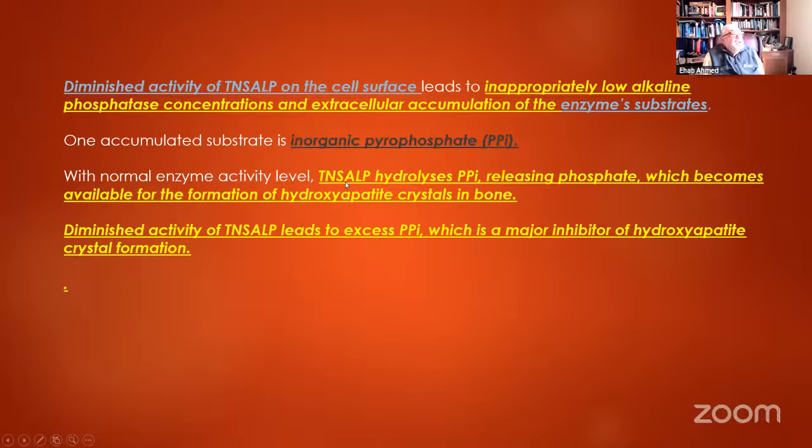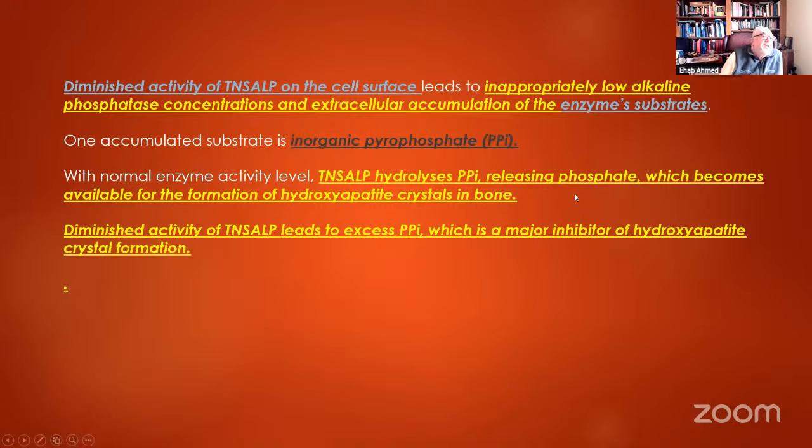What is the function of the non-specific ALP? It causes hydrolysis of the PPi. So if it is deficient, the PPi will be high. This will cause releasing phosphate, which becomes available for the formation of hydroxyapatite crystals in bone.